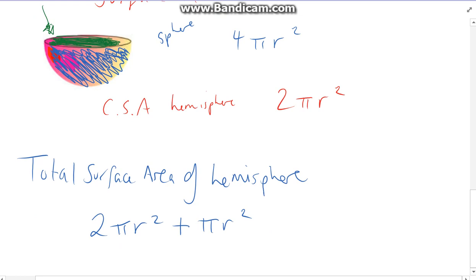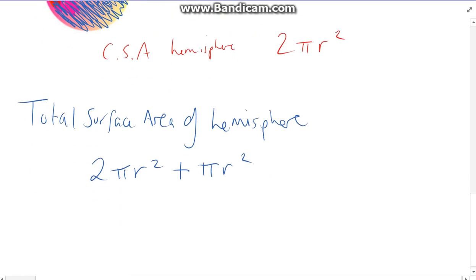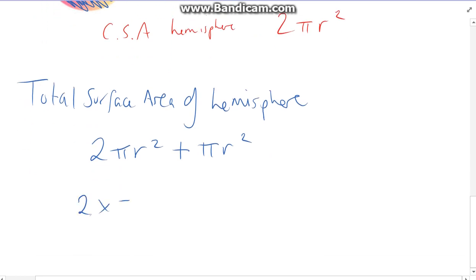So again, if we were saying the radius of this shape was 3, we'd have 2 times pi times 3 squared plus pi times 3 squared. And you give your answer, it's area, so you give your answer in units squared.